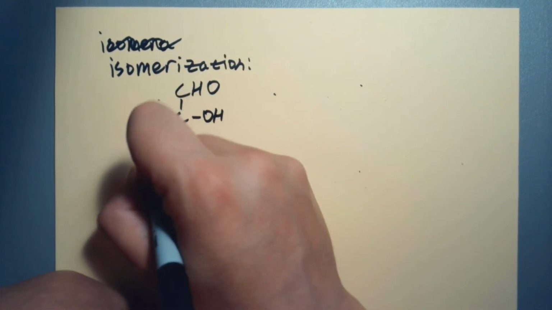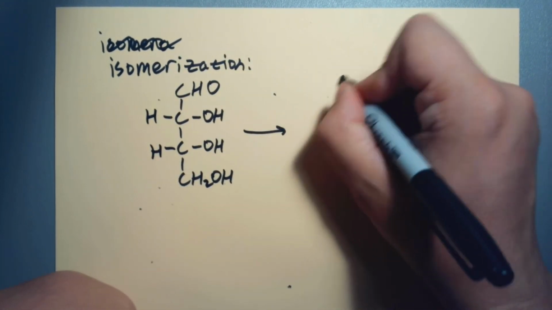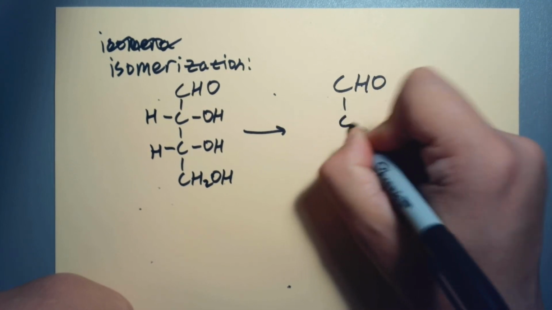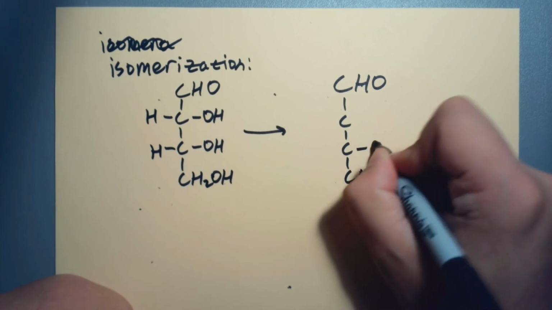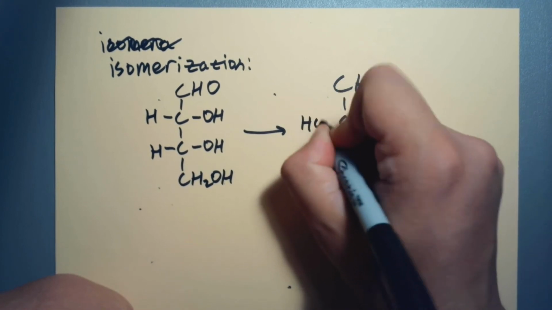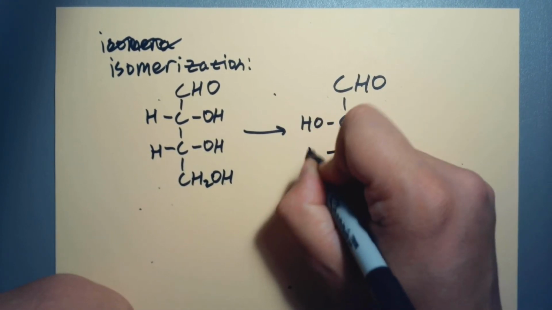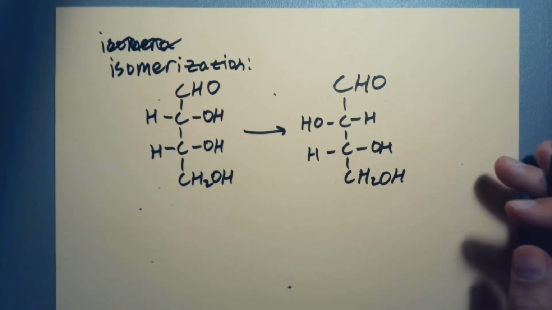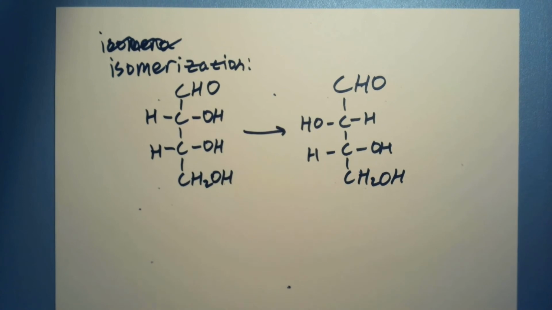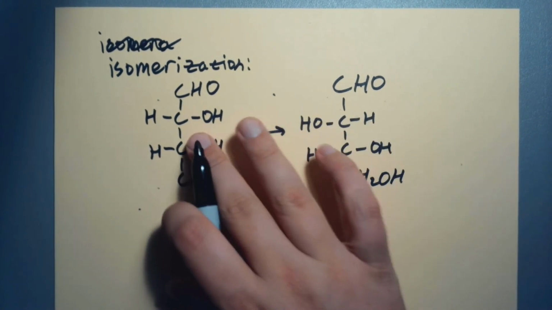And all you're doing is keeping it as a carbohydrate, at least this is what it would look like in a biological system, and flipping, moving something around. So it's almost exactly the same molecule, but that subtle difference makes it a different molecule.